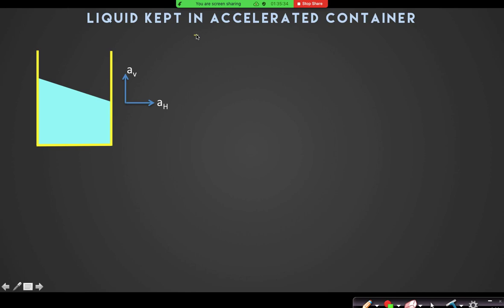The second case, if AV equal to 0, let us assume AV equal to 0. AH is there.